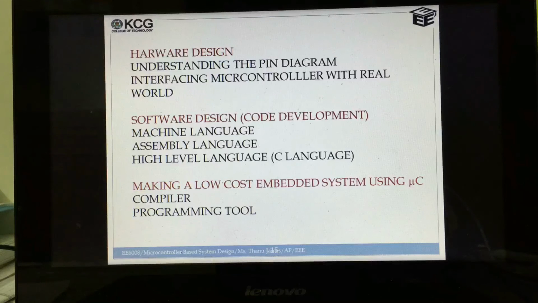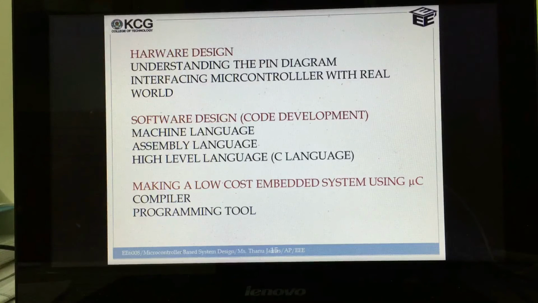Now moving into the fabrication or production of an application based microcontroller system, we have it divided into three sections. One is the hardware section, the software section, and then the compiler part or the programming tool.